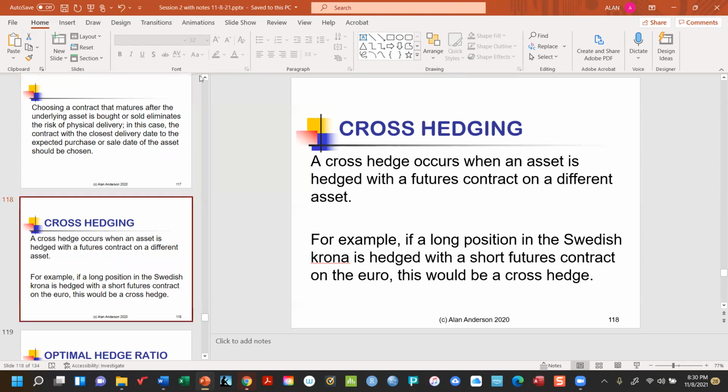Now, by the way, when we use the euro to hedge the krona, we're engaging in what's called a cross hedge. By the way, all those Scandinavian countries have a currency called the krona. It just means crown in those languages.